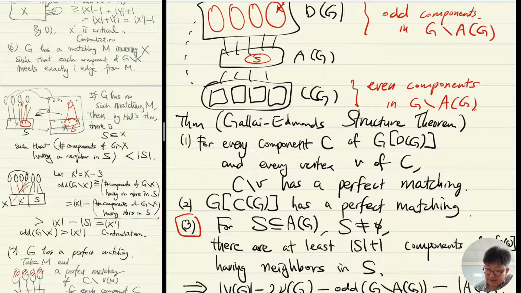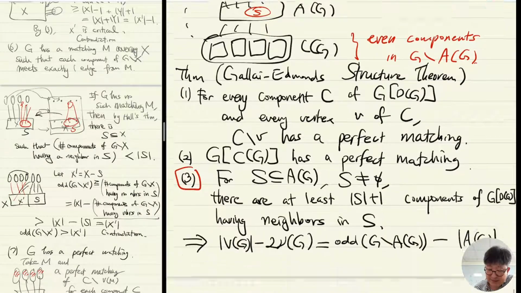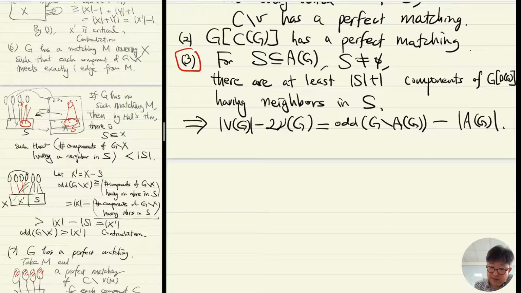Okay? So 1, 2, 3 are the key property, and that describes how you build the maximum matching. So let me say that way.